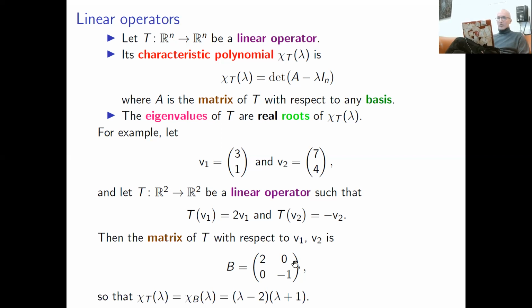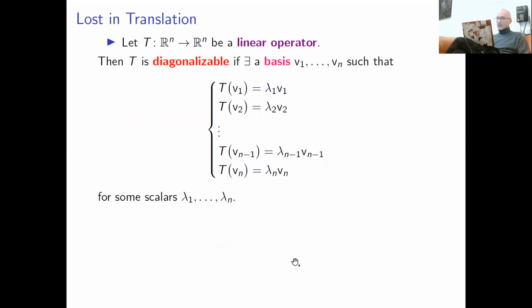Now let's go to the criterion for diagonalization, first for linear operators. First we have to define what it means for a linear operator to be diagonalizable, which we implicitly did in the beginning of this lecture. Basically, a linear operator is diagonalizable if its matrix with respect to some basis is diagonal.